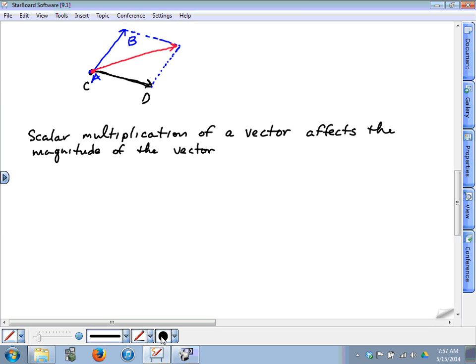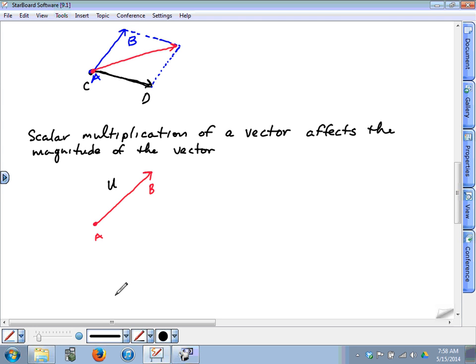So, for example, let's do vector AB here. It's actually more common to name vectors using a single letter rather than the initial point and the terminal point. So, just to stay with what the book's going to do, they're going to call a vector a single letter like U or V or W. So let's call this vector U.